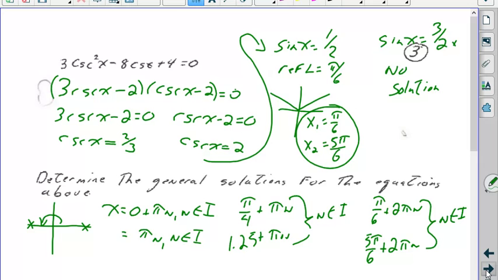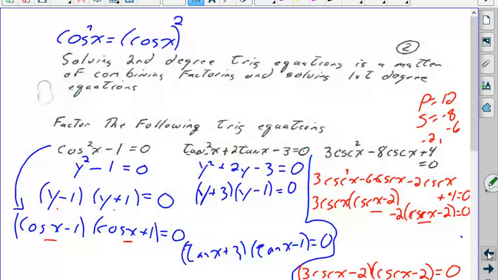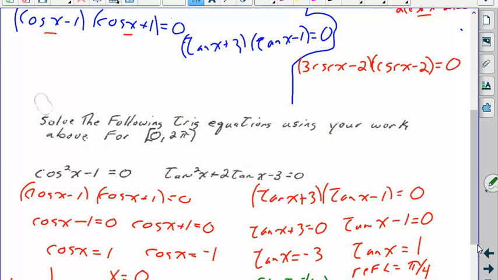Now, is it possible to solve this one a little bit differently? Yes, because it is a difference of squares, I could just go cos squared x is equal to 1, take the square root of both sides, and then I'm there.